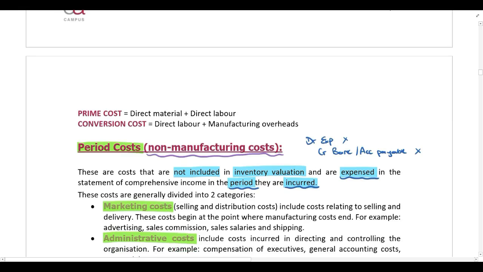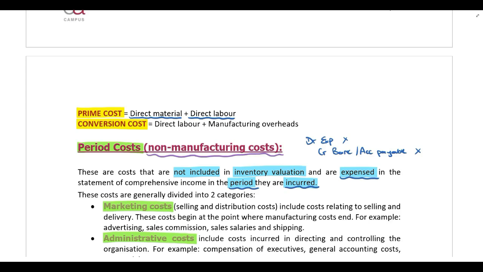All right, then just some other important terminology over here. If you are asked to calculate your prime cost, it is all of your direct costs. So it's your direct material and your direct labor cost. On the other hand, your conversion cost is the cost to convert your raw material into a finished product. So it doesn't include the raw material or the direct material cost.